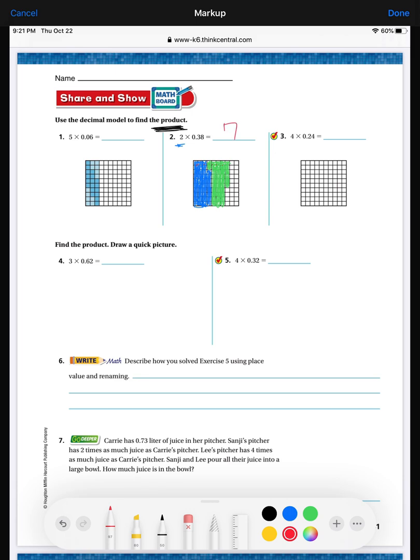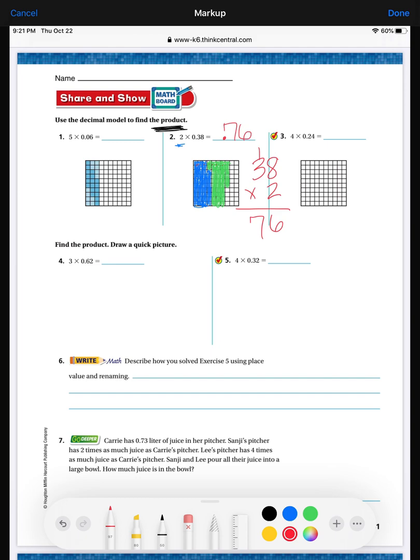So 76. And I put my decimal point in front. If you don't believe me, you can go ahead and count those squares individually. Or you can take 38 times 2. 2 times 8 is 16, carry the 1. 2 times 3 is 6, plus 1 more is 7, 76. Miss V doesn't lie to you.